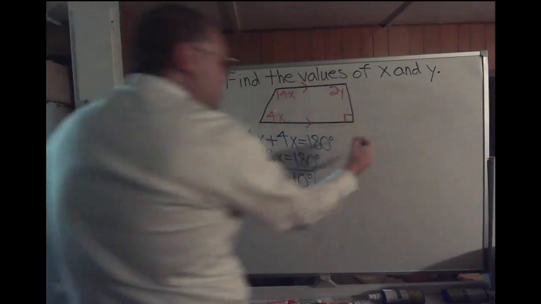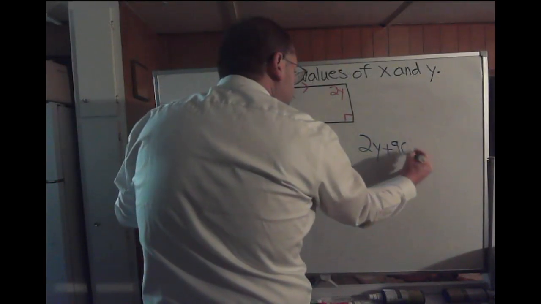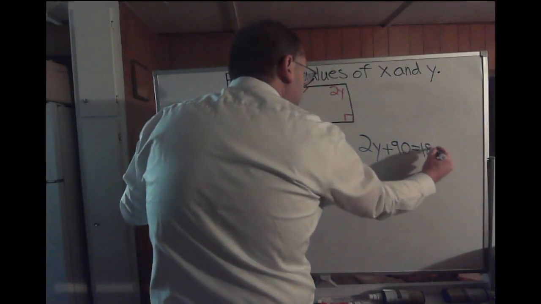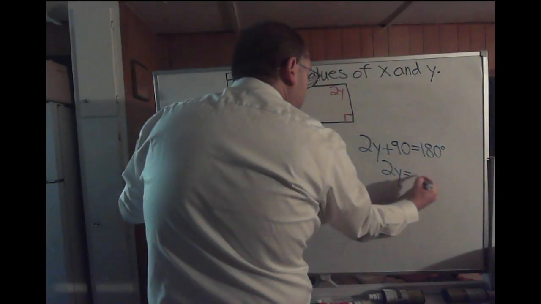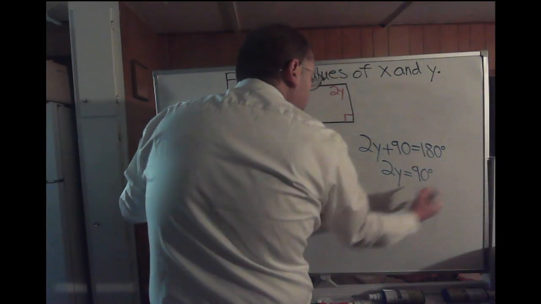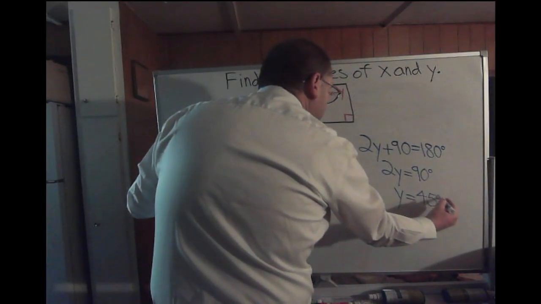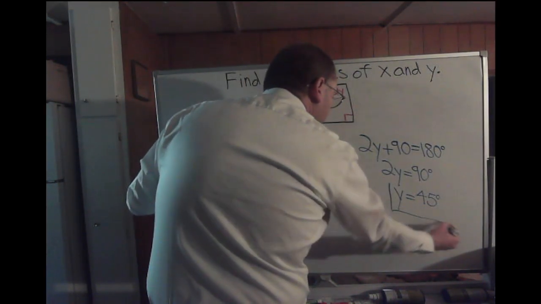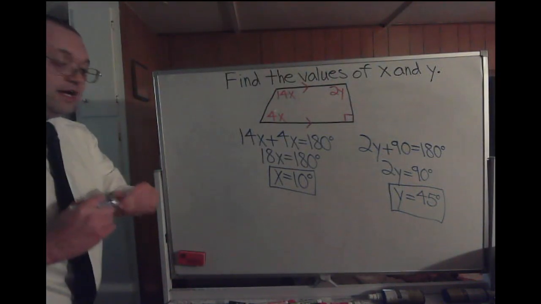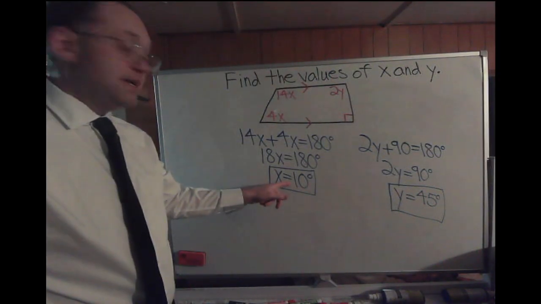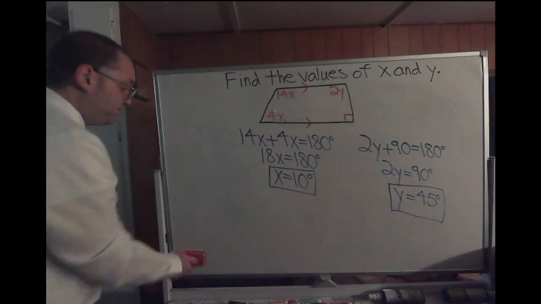So if we take 2y plus 90 and set it equal to 180, since they're same side interior angles, you would end up getting then 2y equals 90 degrees, which could only mean that y would equal 45 degrees. So therefore, both of these, by same side interior angles being supplementary, we got x equals 10 degrees and we got y equals 45 degrees.